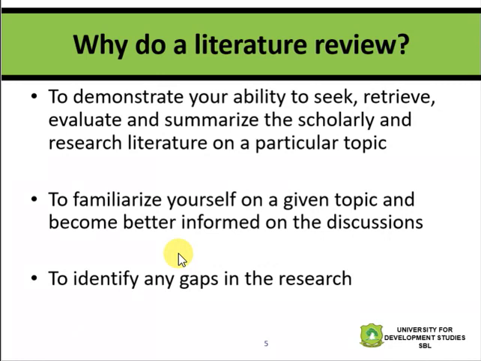Now that we know briefly why a literature review should be conducted, it is important that we also have a fair idea of how one can structure a literature review.